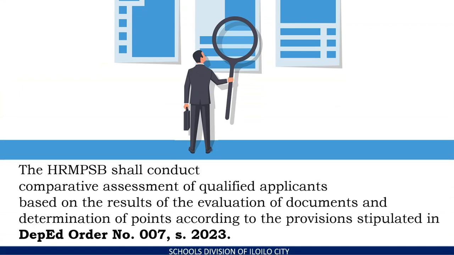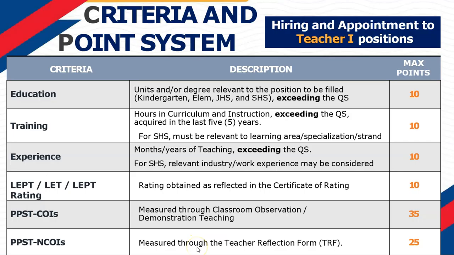The HRMPSB, through the Division Selection Subcommittee, shall conduct the comparative assessment of qualified applicants based on the results of evaluation of documents and determination of points according to the provisions stipulated in Deputy Order No. 7, Series of 2023. Here are the criteria according to the hiring and appointment guidelines for Teacher 1.